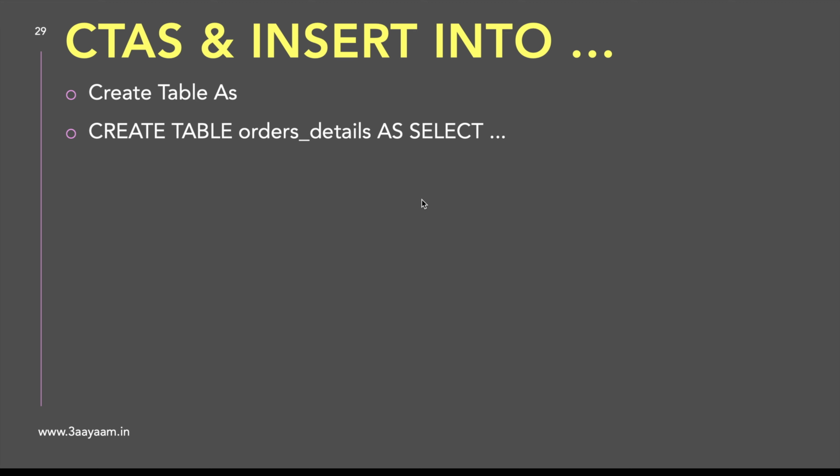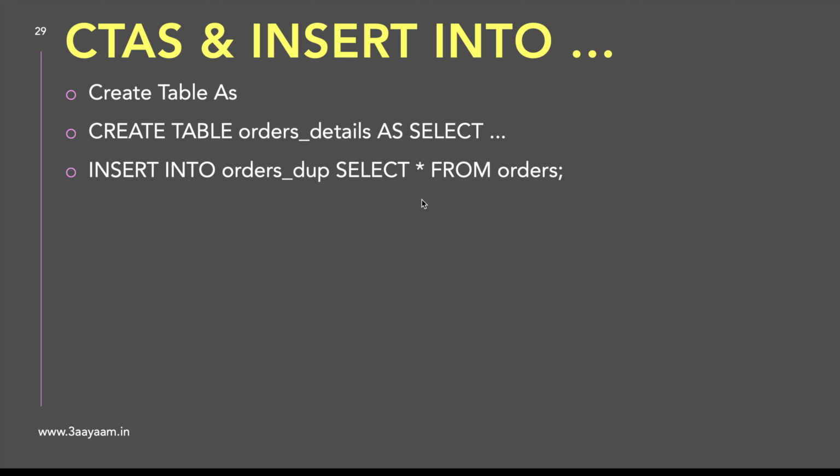It is something like this: create table, let's say order details as select, followed by the entire select statement. The same thing is true for insert into also. Let's say I want to insert some value in a new table, and I can select those values from an existing table also. And this select statement can be any select statement with multiple functions.